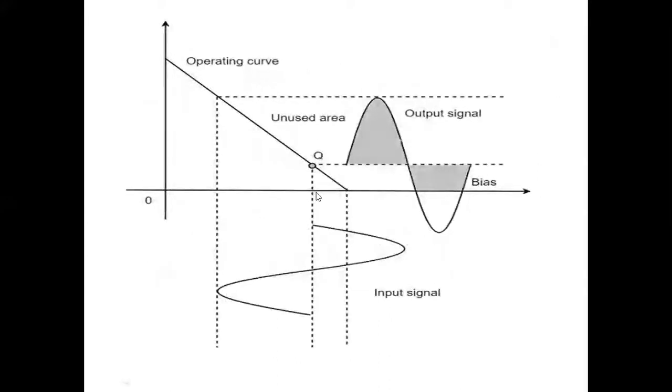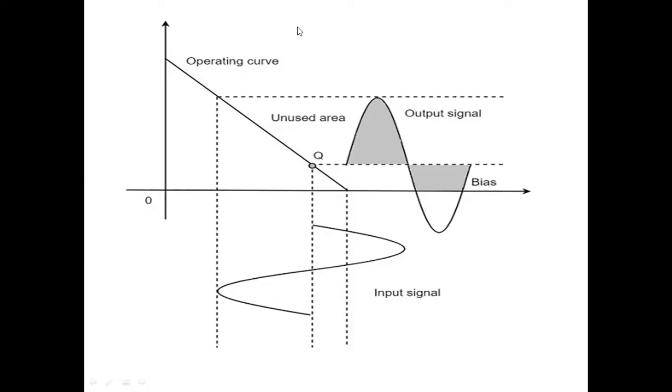So this is the figure. Here the operating point in class AB power amplifier is slightly greater than this region, the cutoff region. Normally in class B power amplifier, the operating point is on the x-axis, but in class A power amplifier, the operating point is in the active region, at this position.